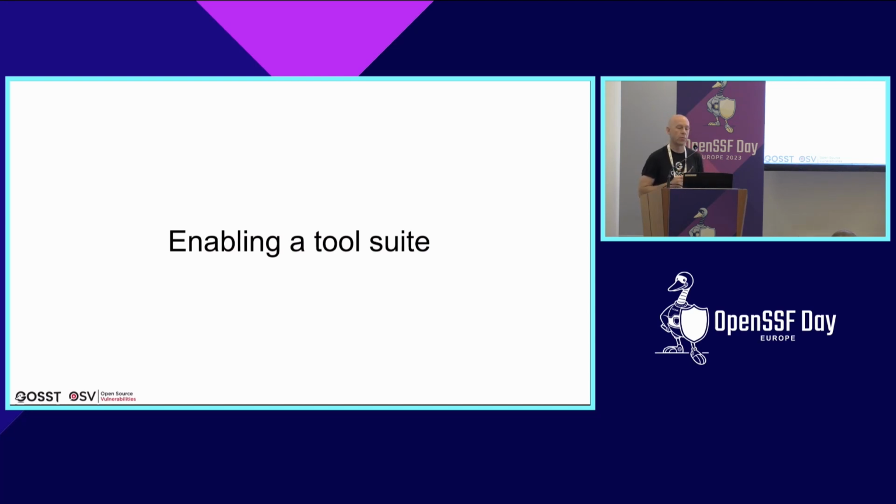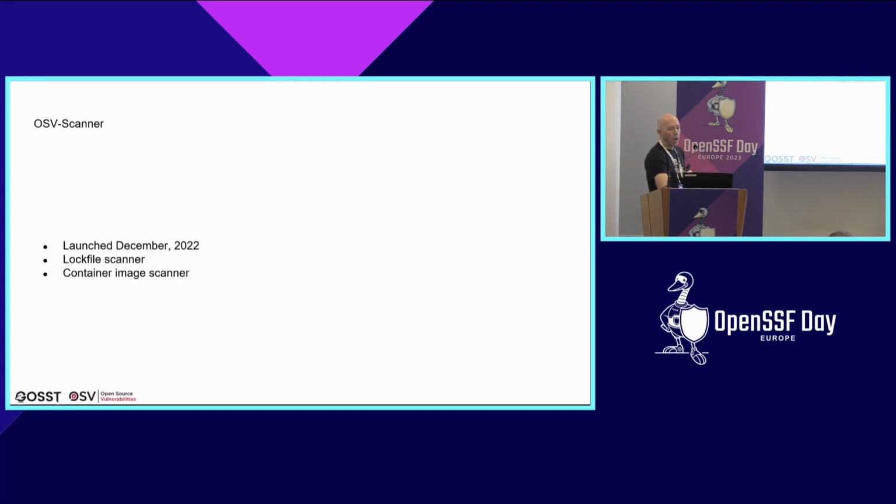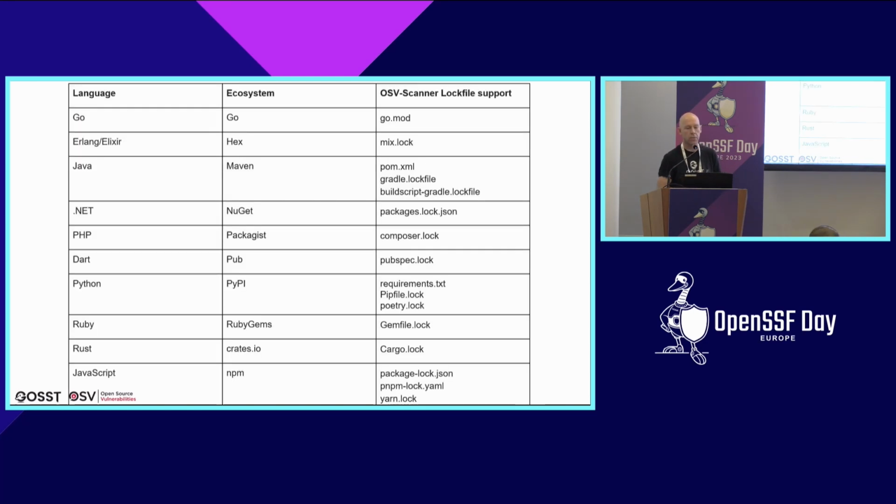Client-side tooling helps with shifting left in the software development lifecycle, preventing vulnerable software from unintentionally shipping in the first place. So OSV Scanner is the rapidly evolving first-party tool for OSV's API. It has good support for scanning the lock files of OSV.dev's currently supported software ecosystems.